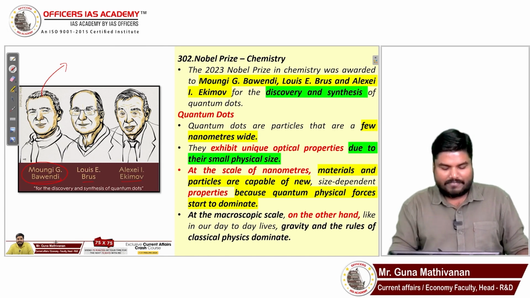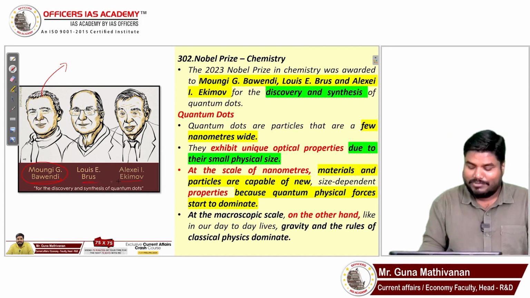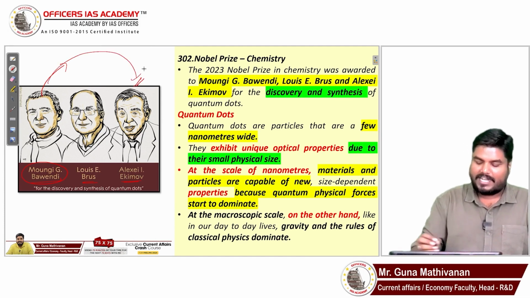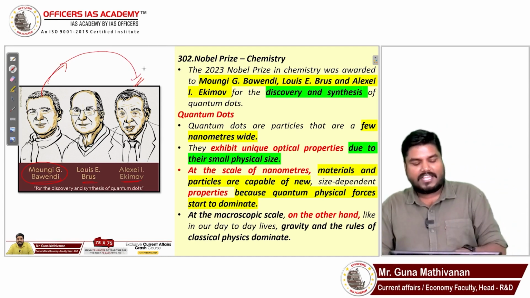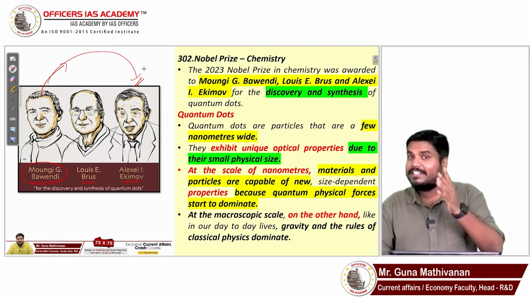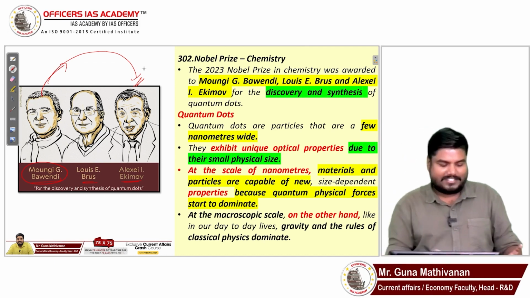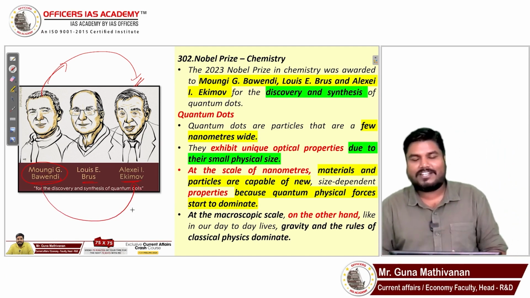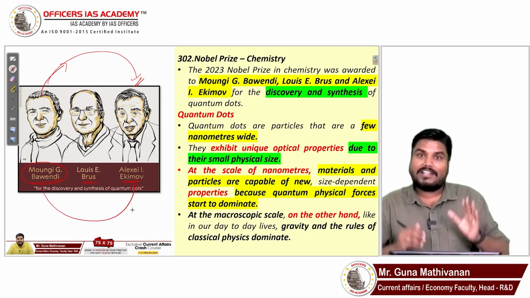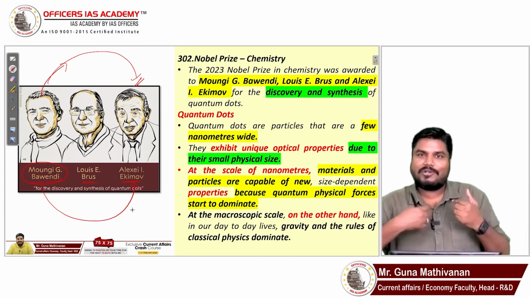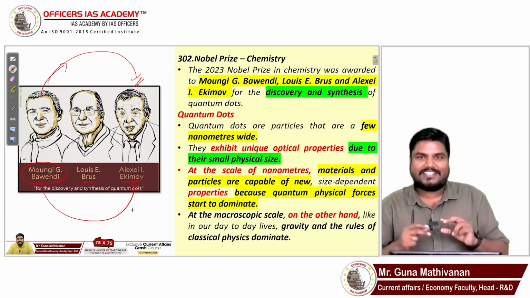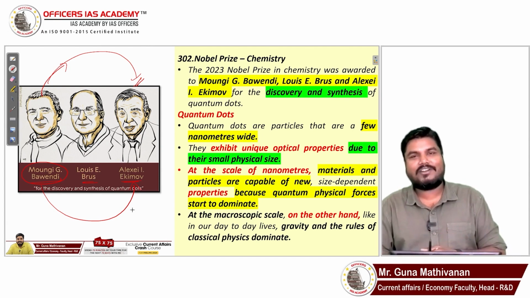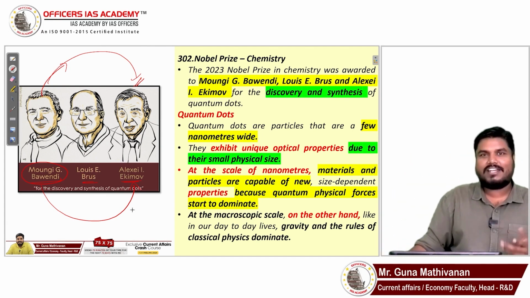In the Bell Laboratory, he met Alexei Ekimov, who was conducting research, and Bawendi was going and helping. The research was originally not about quantum dots, it was about something different. In a different procedure, they were able to discover the properties of quantum dots. From there, the quantum dot concept evolved.